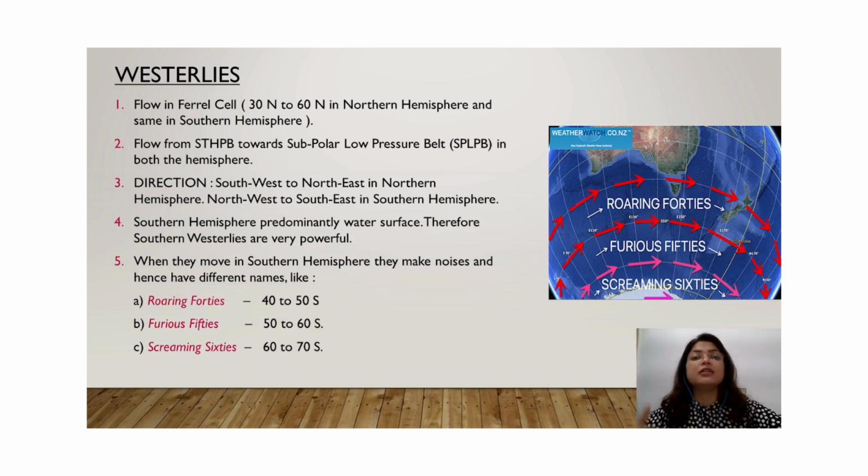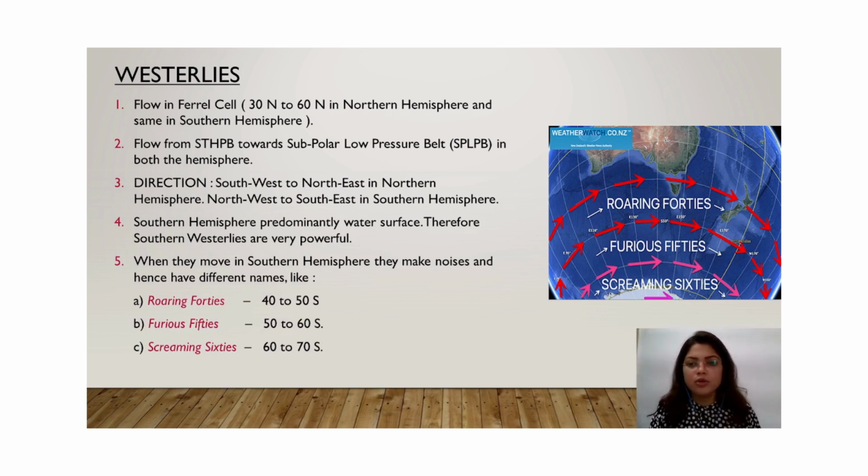Now their speed is increasing and they are becoming more and more furious, so they are named furious 50s, moving between 50° south to 60° south. Now their speed is becoming even higher and they sound like someone is screaming. That's why they are named screaming 60s, moving between 60° south to 70° south.